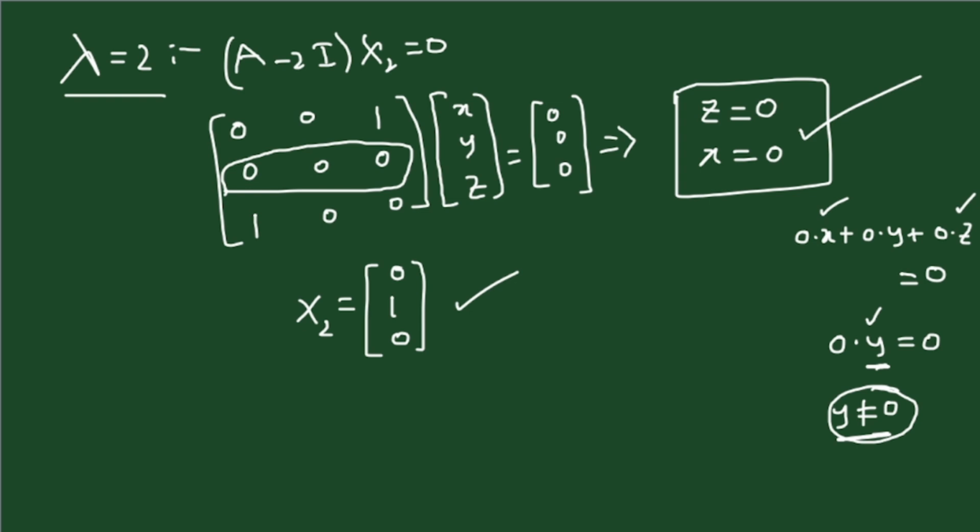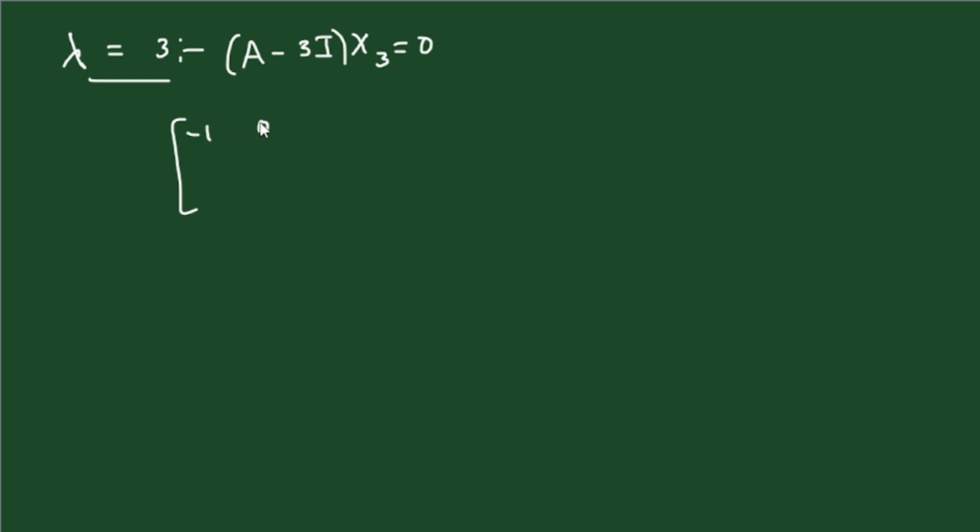So coming to the third eigenvector corresponding to lambda equal to 3, it is (A minus 3I) into x3 equal to 0. Subtract 3 from the diagonal, what will you get? 2 minus 3, minus 1, 0, 1, 0, minus 1, 0, 1, 0, minus 1.